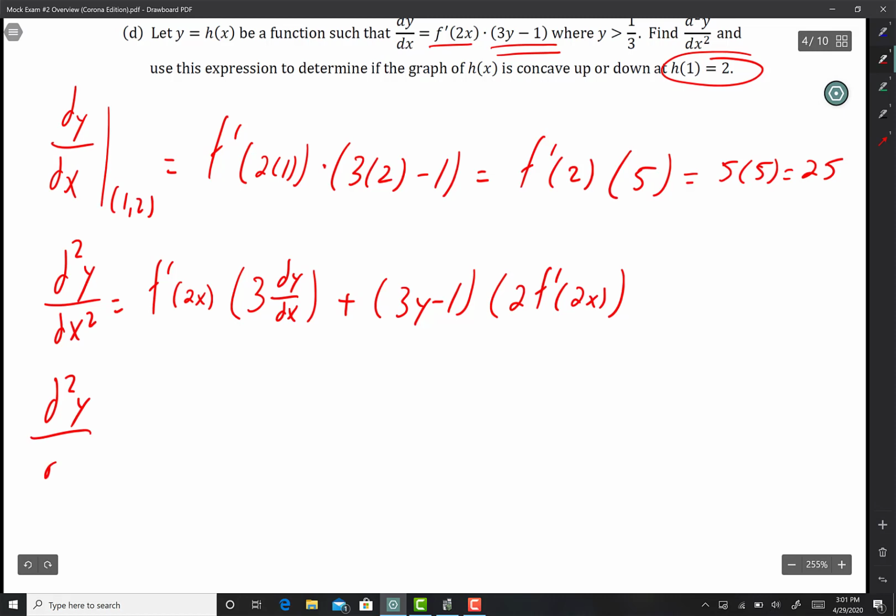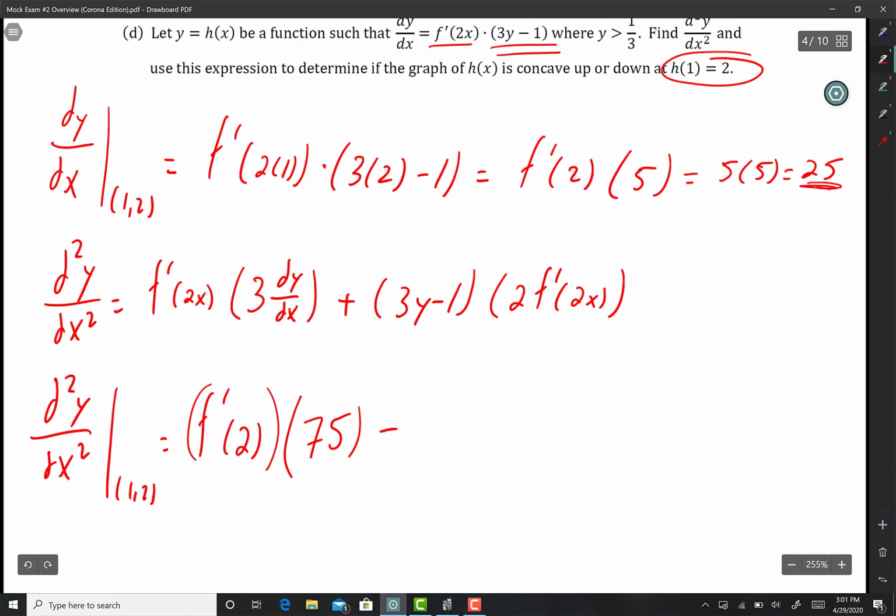So the second derivative evaluated at 1, 2 is nothing more than f prime of 2 times 1. So that's going to be 2 times 3 times dy/dx, and my dy/dx was 25, so 3 times 25 is 75. Plus, let's see, 3 times 2 is 6, minus 1 is 5. And then 2 times f prime of 2.